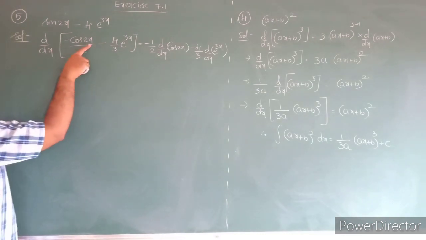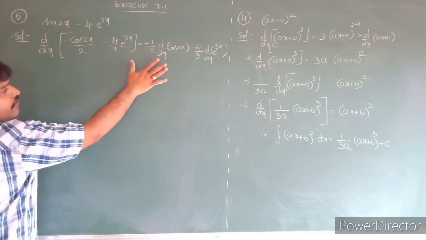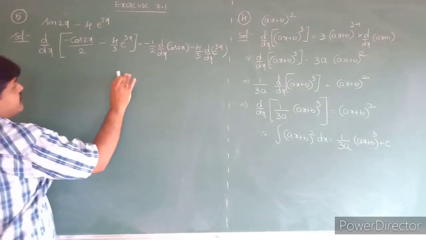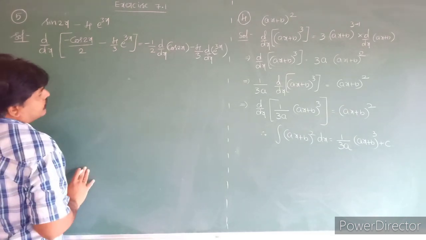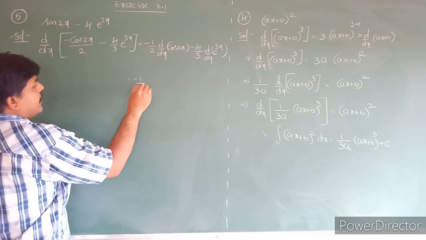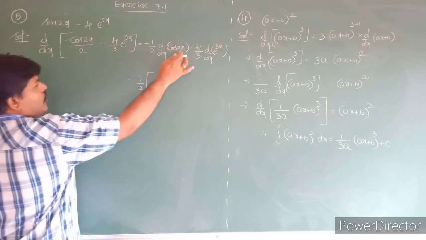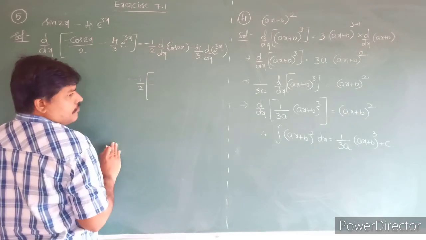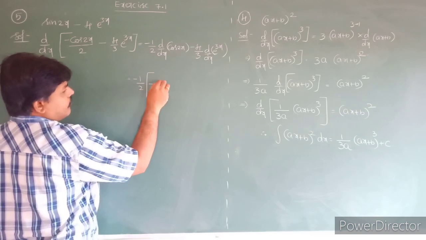If you differentiate this function, you have to get the original function. So that is equal to minus 1 by 2 into the derivative of cos 2x, which is minus sin 2x.